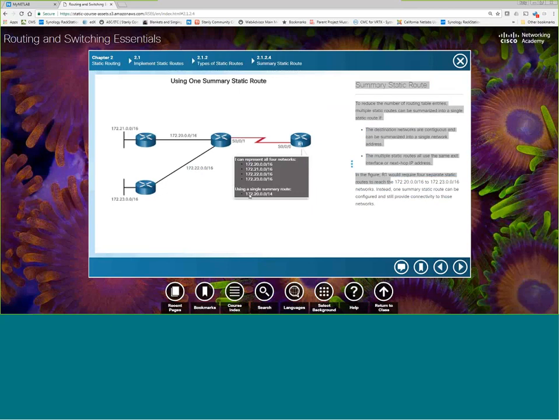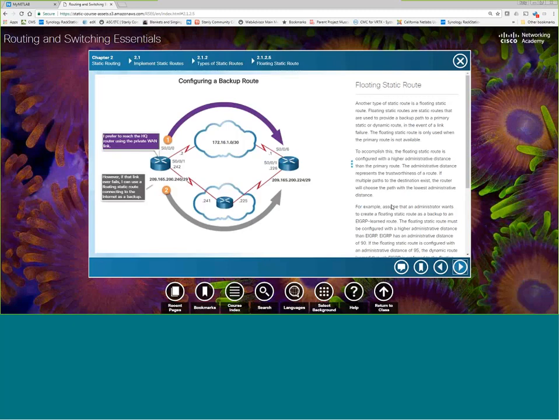So you can do IP route 172.20.0.0 255.255.240.0. Is that right? I think it's right. 248.0.0. Yeah, I think it's /20. And then outgoing interface, that's S0/0/0. So that is a static summary route.